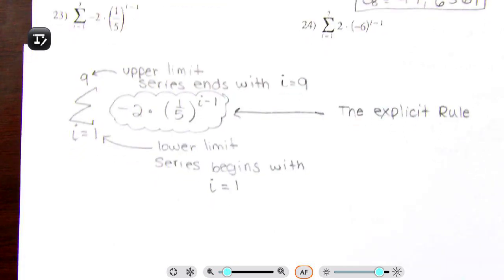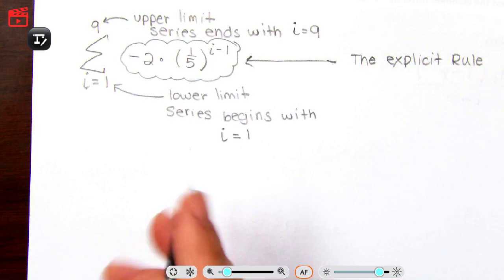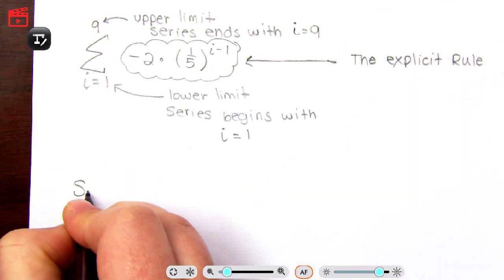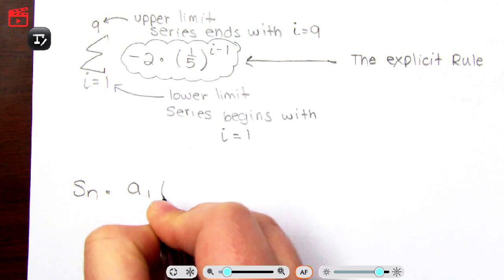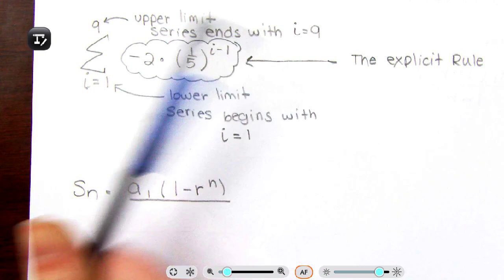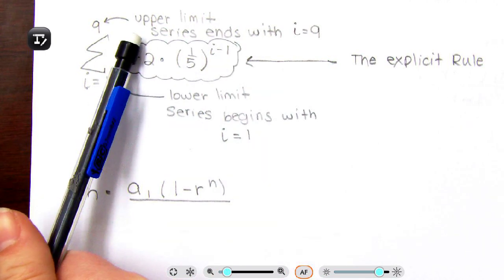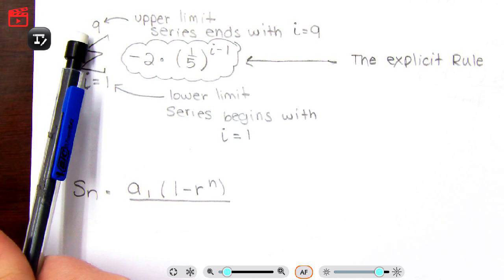So in order to find out what everything is, we still need our information. Here's our formula. S sub n is equal to a sub 1 times 1 minus r to the n. Now again, we know what the last term is because we know the position. The last term is in the 9th position.